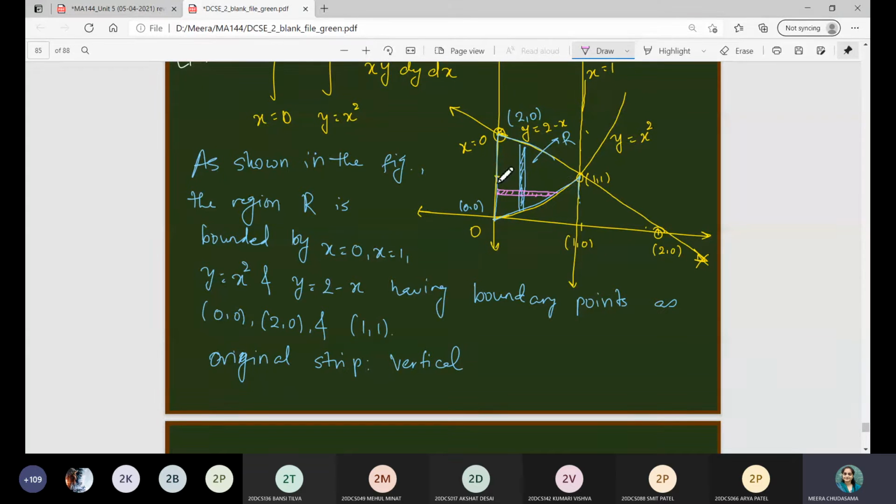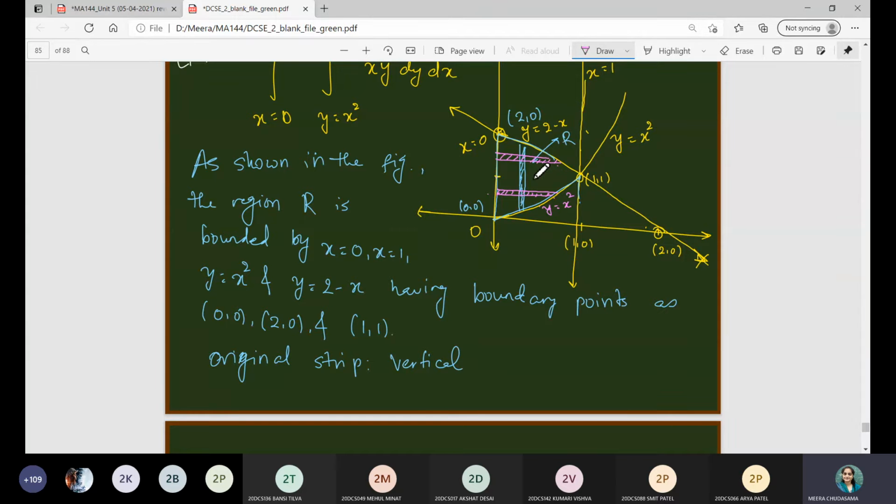As I have already told you, if I consider this strip in this region, then x will vary from 0 to y is equal to x square. This is nothing but y is equal to x square, so it will vary from 0 to square root of y. We will consider the positive square root since we are moving in the first quadrant. If I allow this strip to move in this region, then when it reaches this particular point, the x variable limit will vary from 0 to this line, which is a straight line, and it is nothing but x is equal to 2 minus y.